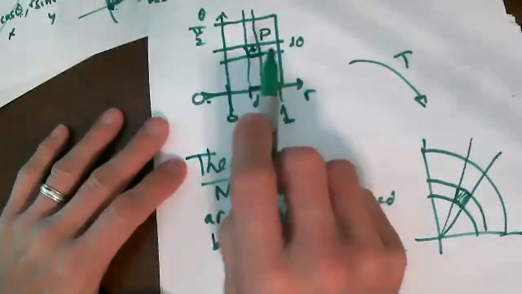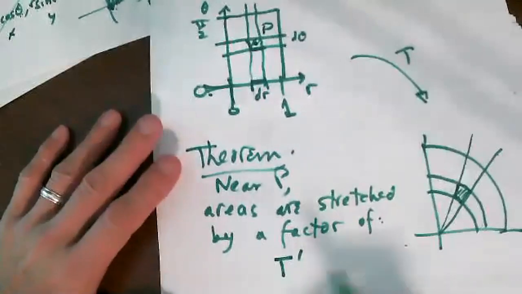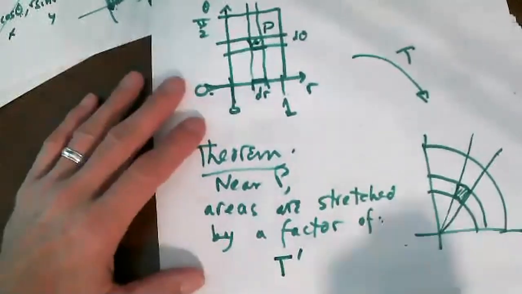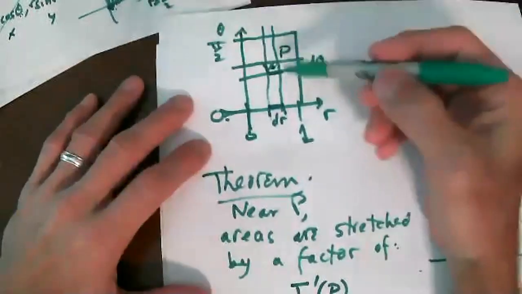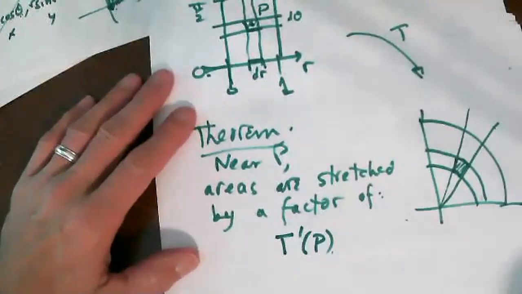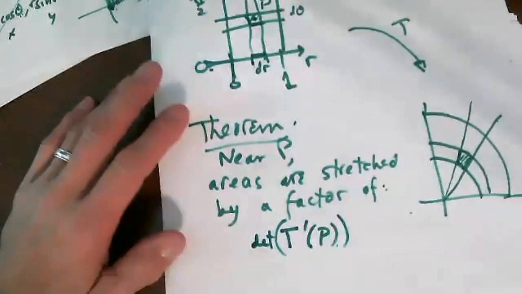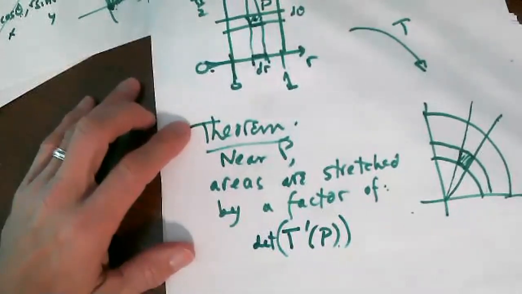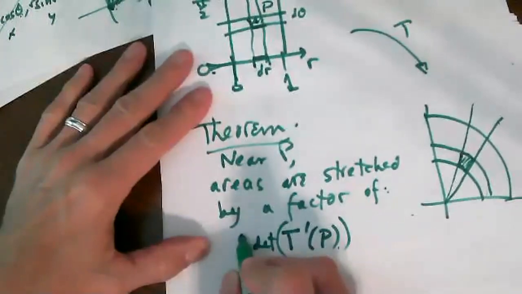In particular, when you go from Rn to Rn, your derivative at each point will be an n by n matrix. So I take my derivative calculation, I evaluate it at my point P, that'll be a square matrix, and then take the determinant of that square matrix. And because I know that areas always should be positive, I'll throw in an absolute value sign.